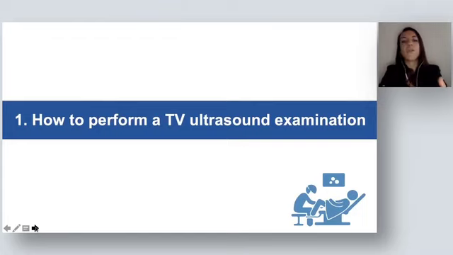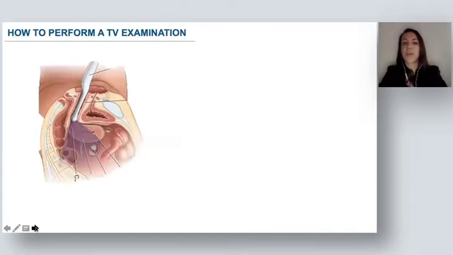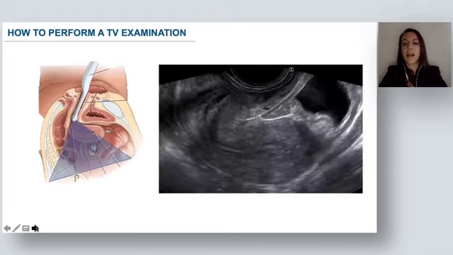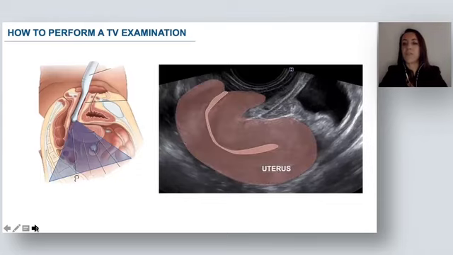First of all, how to perform a transvaginal examination. So we insert the probe in the anterior vaginal fornix, and then at the ultrasound scan, we can visualize the uterus and bladder.